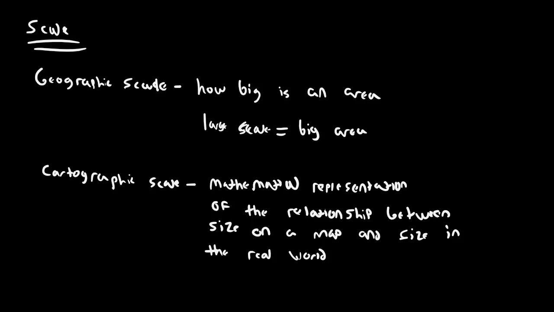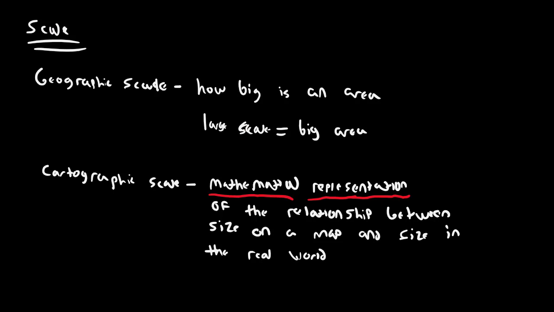I'm going to underline here this idea of mathematical relationship, because we've already kind of talked about cartographic scale when we talked about using scale bars and representative fractions. We also talked about cartographic scale when we talked about the scale factor, when we talked about distortion and map projections.